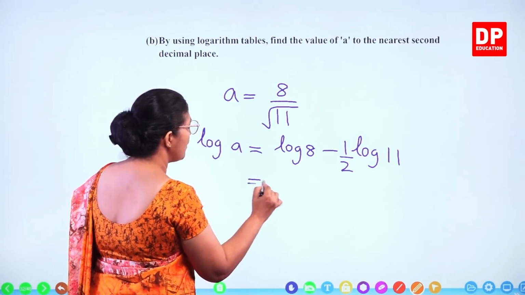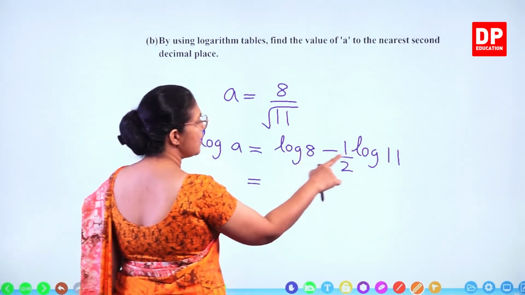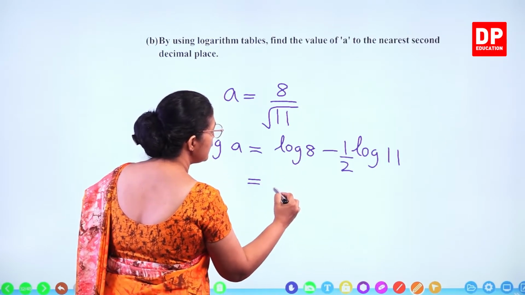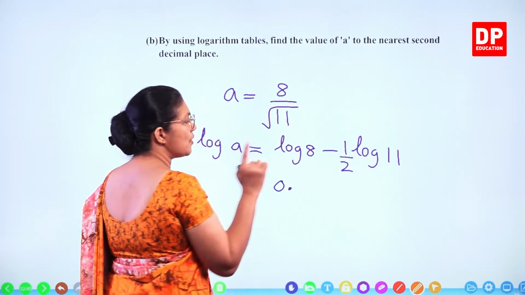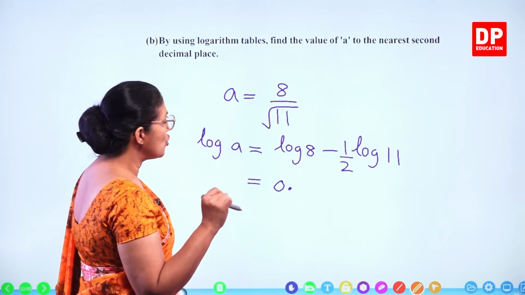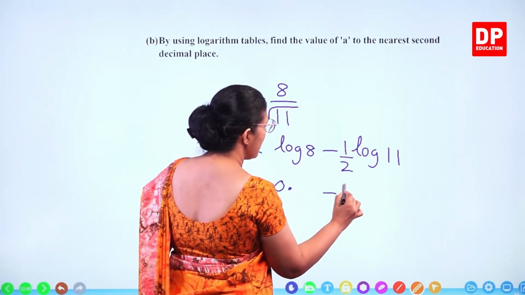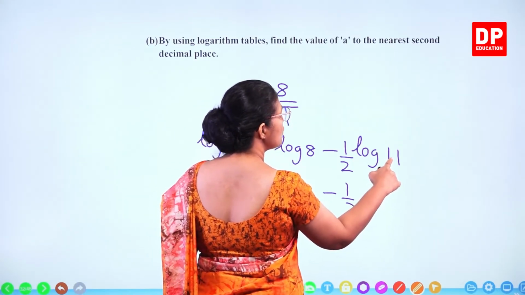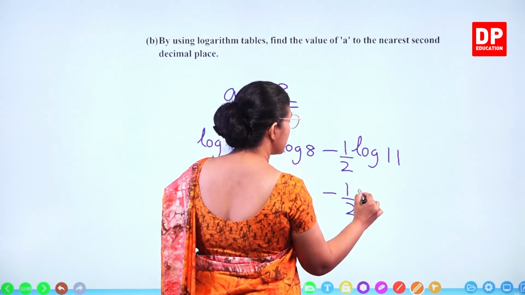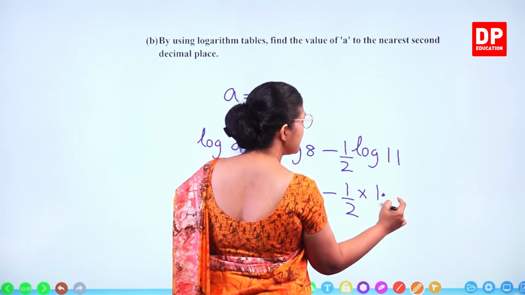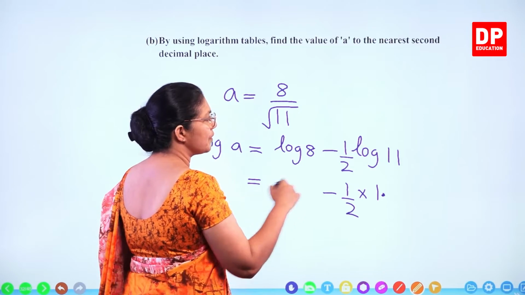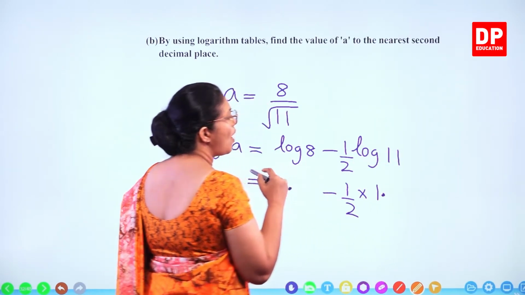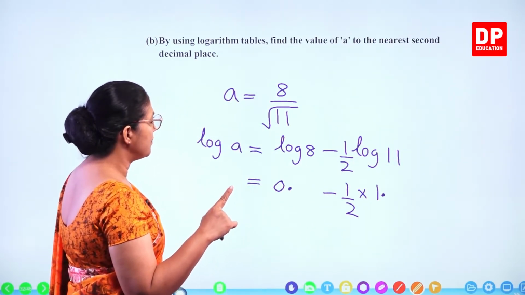Now you can refer the table, but before that we'll write down the mantissa. 8 means 0 point something, because when you write in scientific notation, the power is 0. Here, power for this one is 1. So the mantissa is 1, because 1.1 times 10 to the power 1.